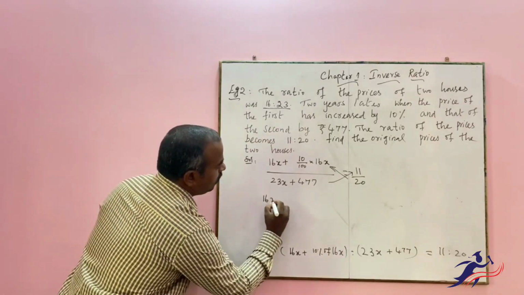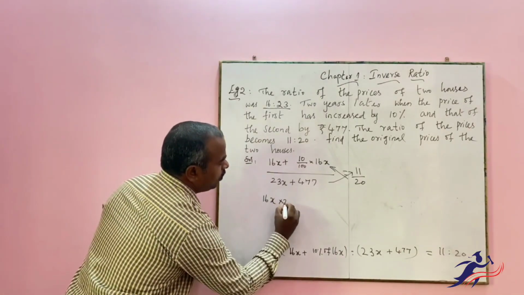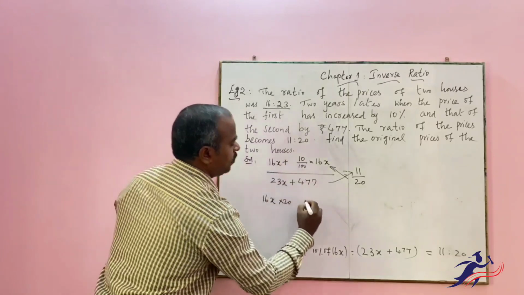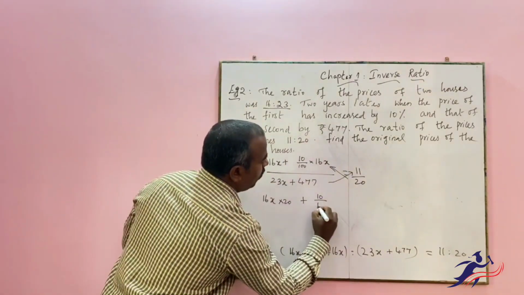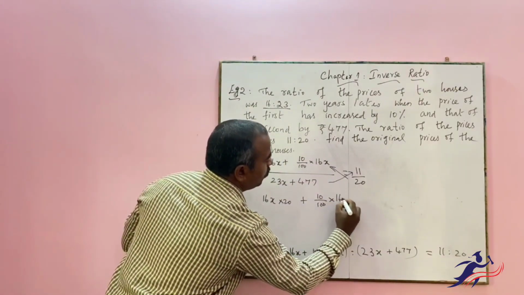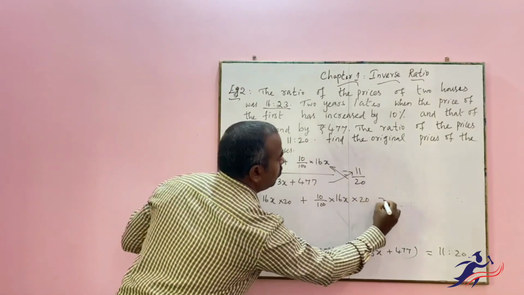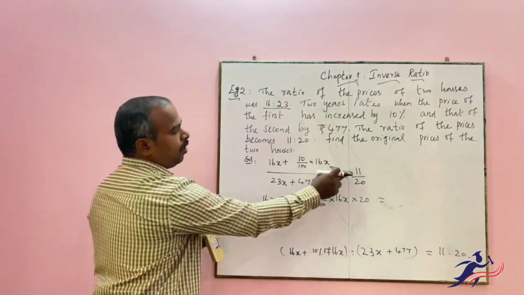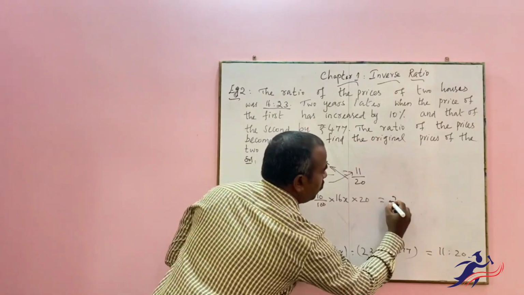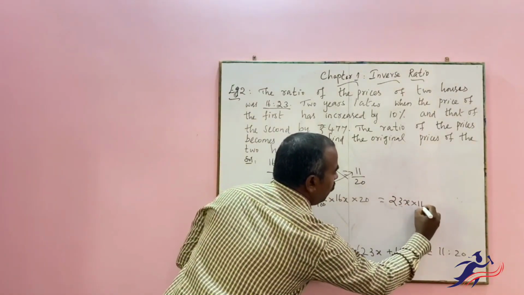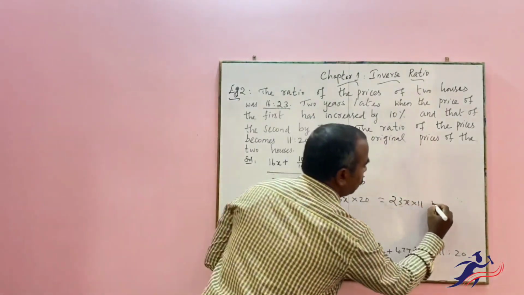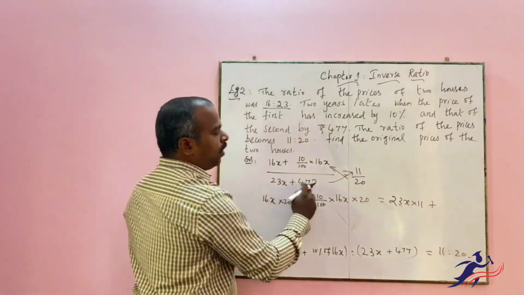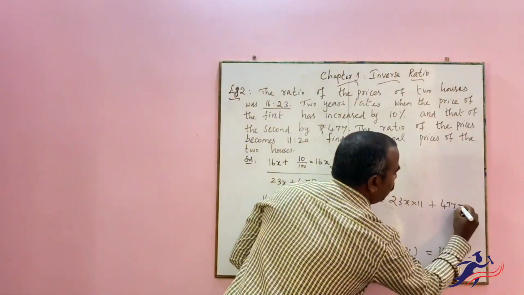That is 16x, first term, into 20, plus 10 by 100 into 16x into 20, is equal to 23x into 11 plus 477 into 11.